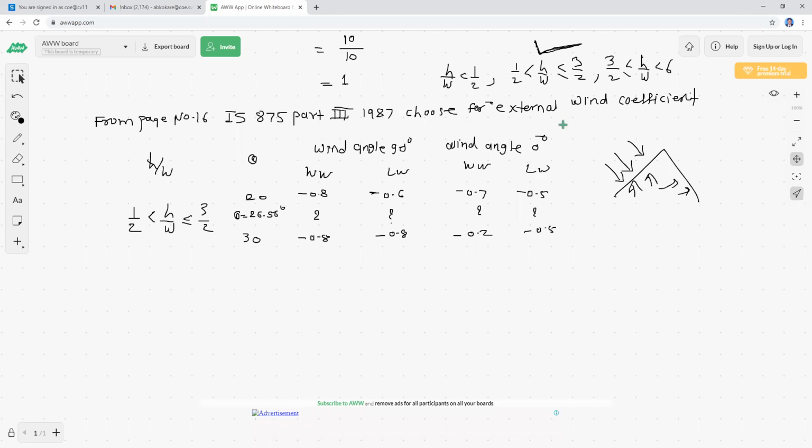Are you getting it now? Whatever I have written here, this is from the H by W value and theta value. And for our theta, now we have to calculate these windward and leeward coefficients. Now we have to follow the procedure. Okay. So what procedure do we have to follow? We have to write here one sentence. Write down as we have written.